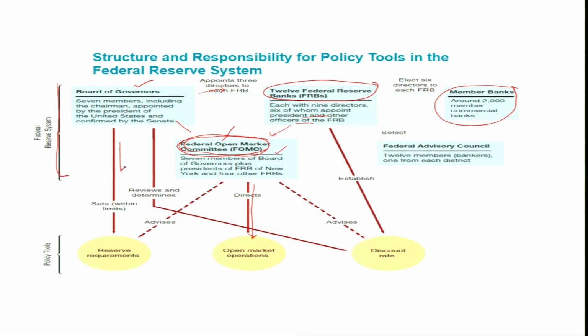The FOMC directs the open market operations, which is one of the tools. Another tool is the discount rate, and the third one is the reserve requirement. The 12 Federal Reserve Banks establish the discount rate, then the Board of Governors reviews and determines the discount rates. The reserve requirement is set within limits by the Board of Governors, and the FOMC advises on setting the reserve requirements.